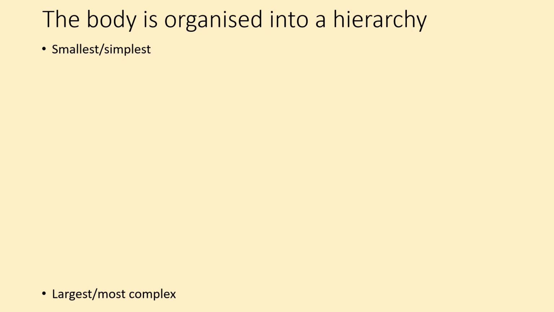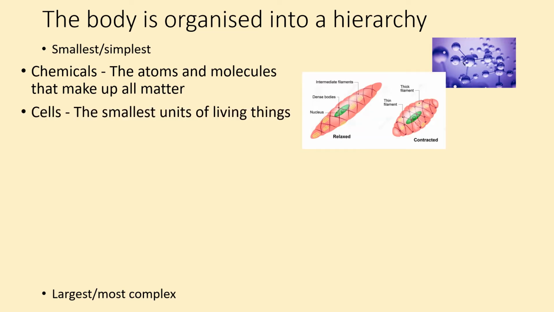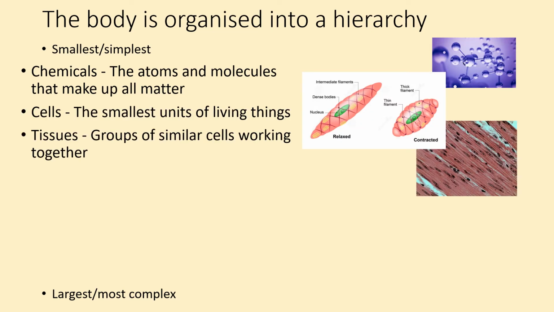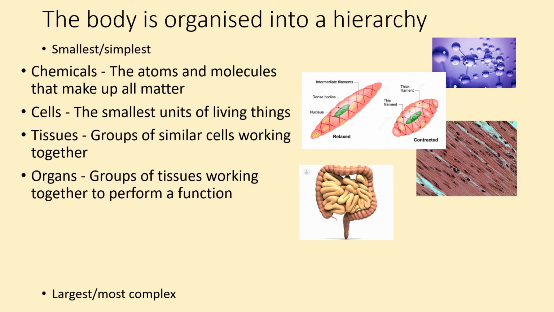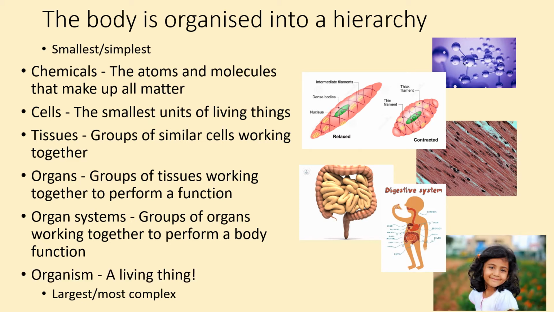So seeing those in the correct order, from simplest or smallest to largest and most complex, we've got chemicals, which is the atoms and molecules that make up matter, and then cells are the smallest units of living things, tissues are groups of cells, organs are groups of tissues, organ systems are groups of organs working together, and an organism is a whole living thing.